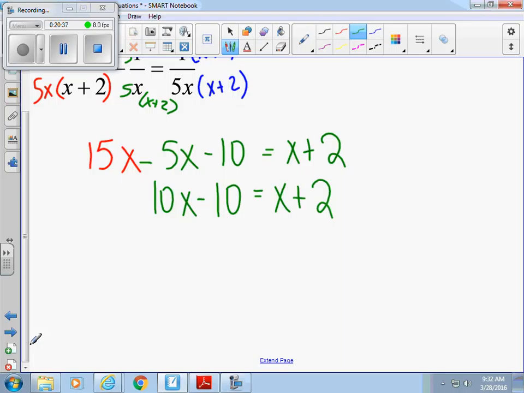Why do we have to get 0 on one side? Factor. What did that one have that this one doesn't? It has x squared. Remember, if we have a power higher than 1, that's when it gets a little tricky and we have to factor. This one just has plain x's, so how do we approach solving when we just have plain x's? Get all the x's on the same side and all the non-x's on the same side, right?